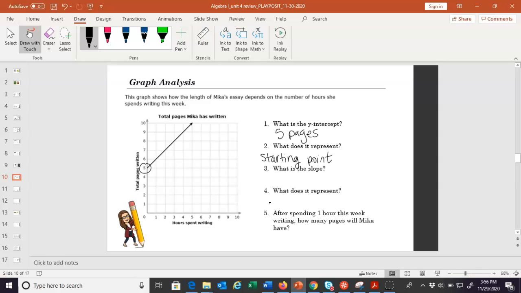But maybe she had those pages before she started tracking the hours spent. Or maybe those 5 pages are sort of like a preface to her paper that her teacher required and her teacher gave them to her. I don't know. We could speculate all day long how she got those 5 pages, but nonetheless, it's her starting point. She started with 5 pages for this particular project.